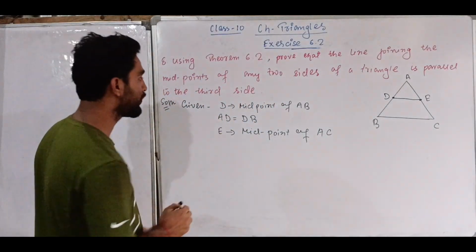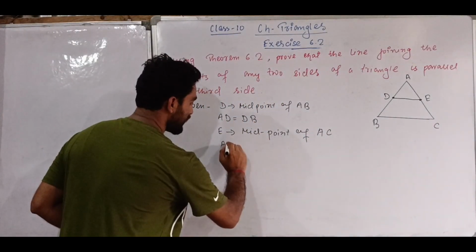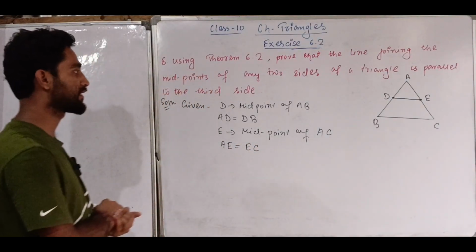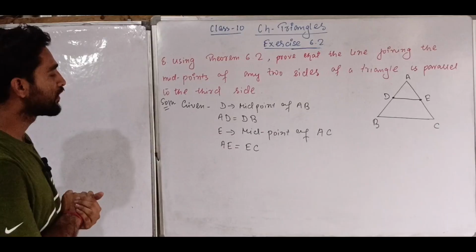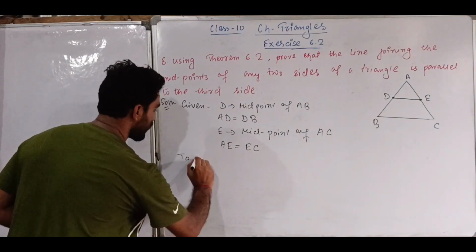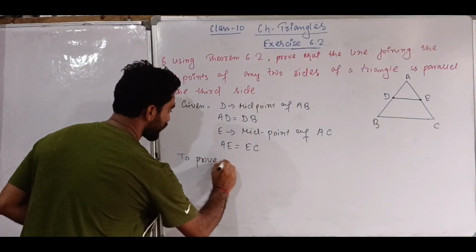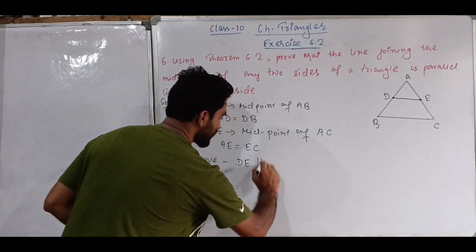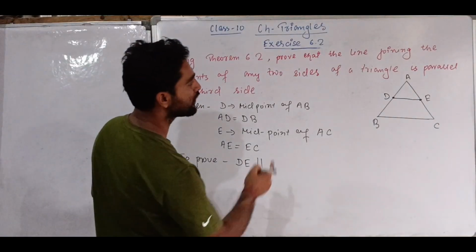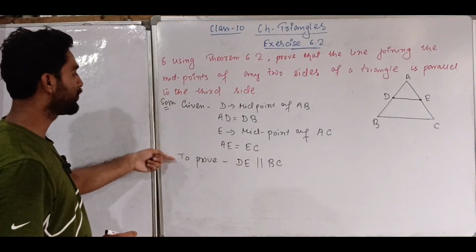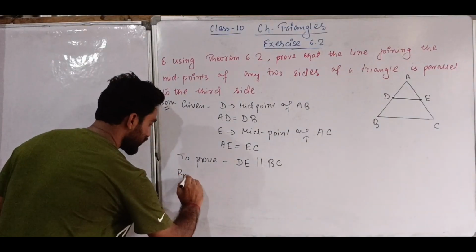If E is the midpoint of AC, we can say this AE distance will be equal to EC distance. Now, these two pieces of information are given. So, what do we have to prove? We have to prove this DE is parallel to BC. So, given, to prove. Next step is proof.